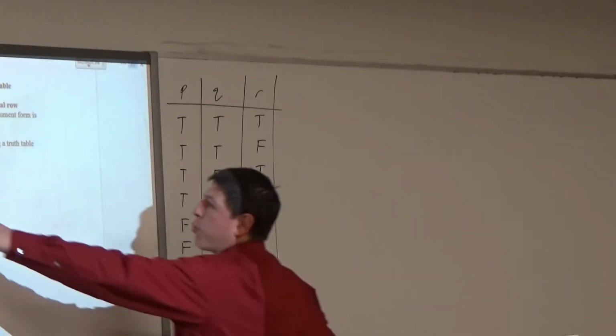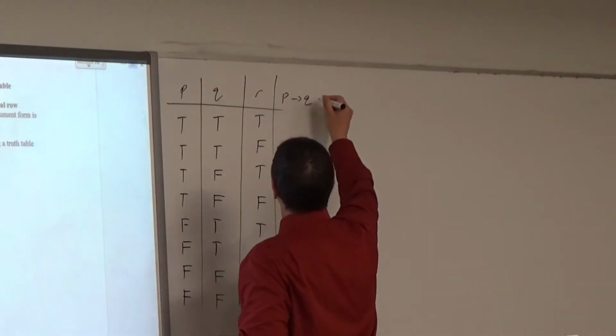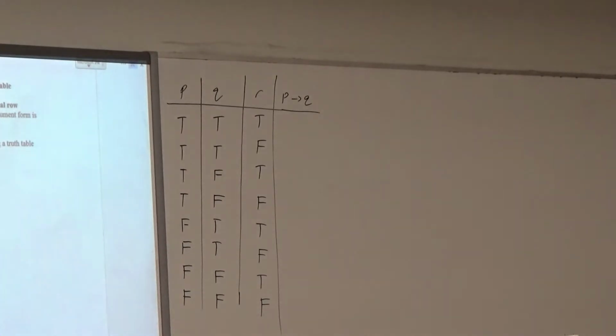So the first premise we have is P implies Q. Now, somebody remind me, because that was almost 2 days ago. When is the only time that the conditional is going to be false? Anybody remember, sir? If the premise is true and the conclusion is false. Yeah, true implies false. Okay, very good.